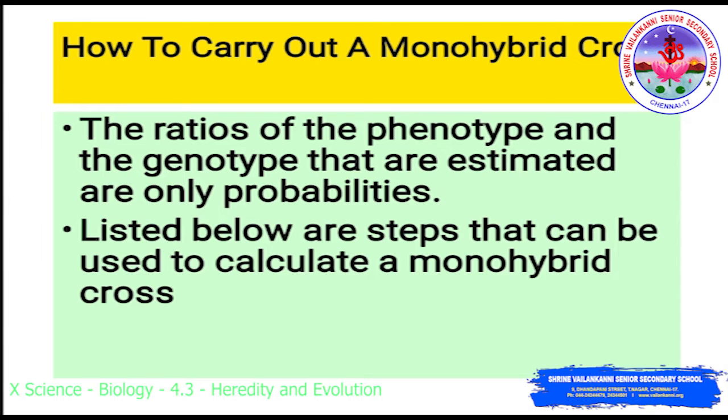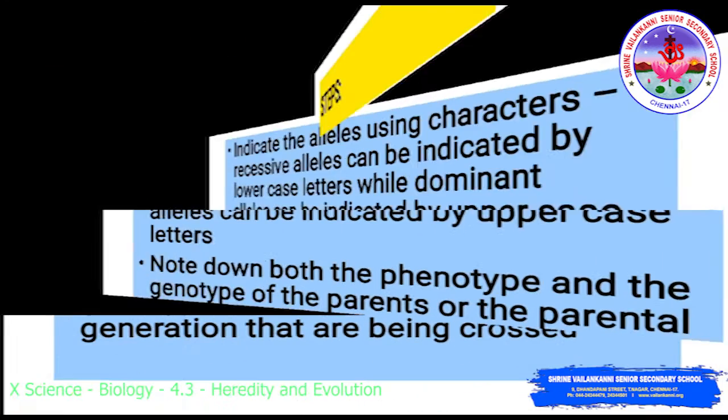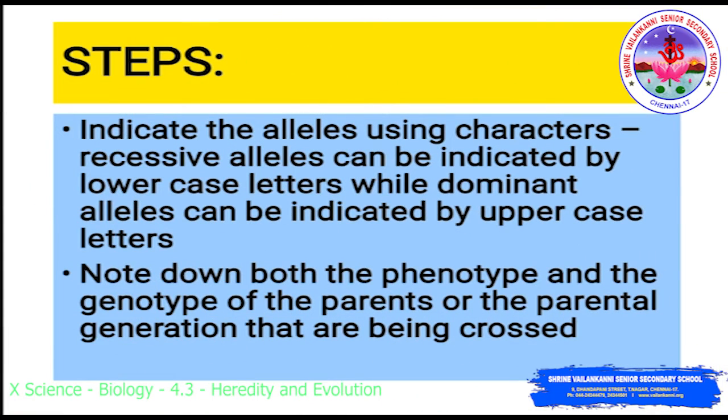Now we will see some of the steps. Listed below are the steps that can be used to calculate a monohybrid cross. Step number 1: indicate the alleles using characters.